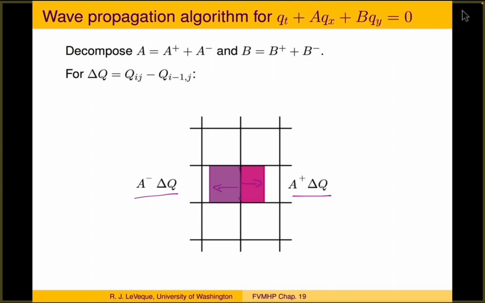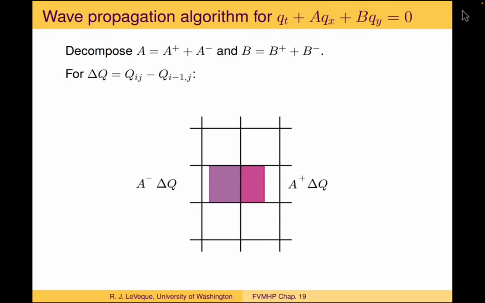And then in order to extend this to 2D, we want to do exactly the same thing we did in the scalar case a moment ago and take into account the fact that some of this information should really be also moving upwards or downwards.